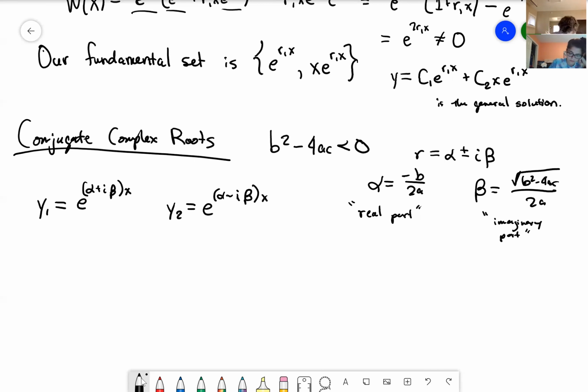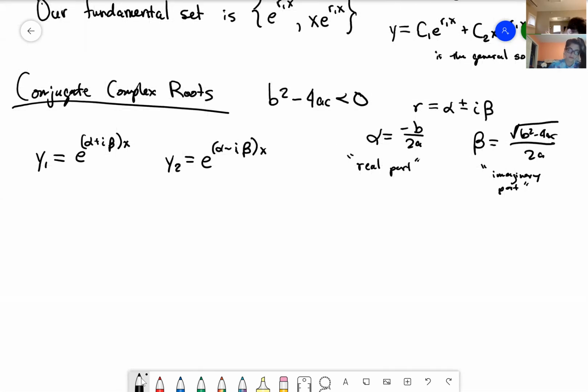Those are called conjugates, just in case anyone watching the video hasn't been exposed. So that's what we always get if a, b, and c are real: we will always get two distinct real roots, a repeated root, or a conjugate pair of complex roots. So we're going to treat that case right now.